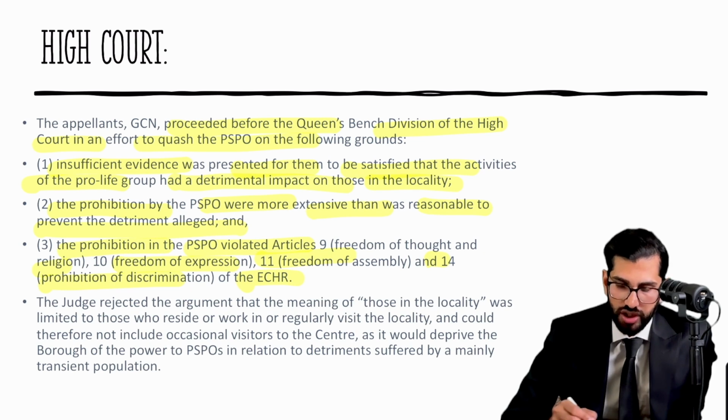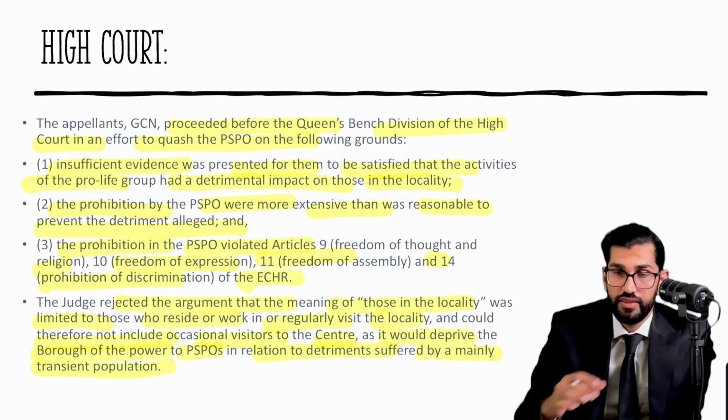The judge rejected the argument that the meaning of those in the locality was limited to those who reside or work or regularly visit the clinic or the locality, and could therefore not include occasional visitors to the centers, as it would deprive the Borough of the power to make the PSPO in relation to the detriment suffered by mainly the transit population.